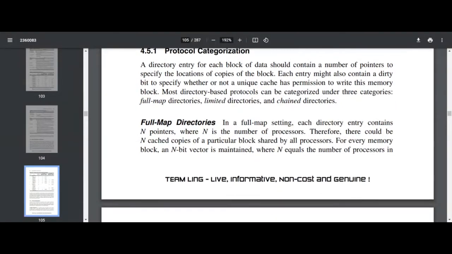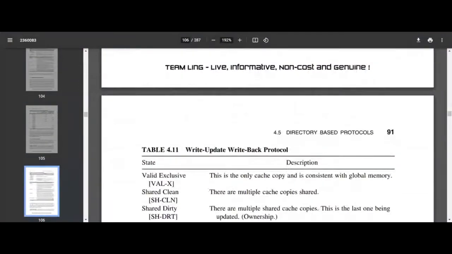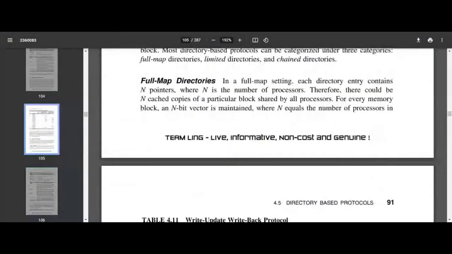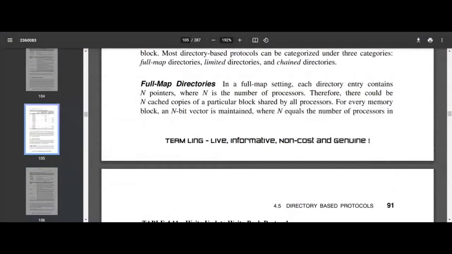So here, the protocol categorization includes a full map directory. In the full map directory, each directory entry contains n pointers. So you have not limited your pointers to a specific unit. However, you can. But here we are taking a generic number n, the number of processors.